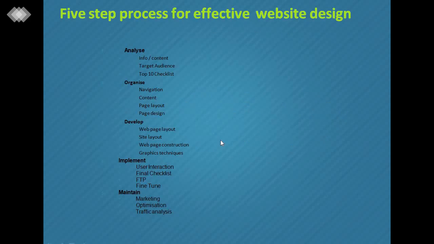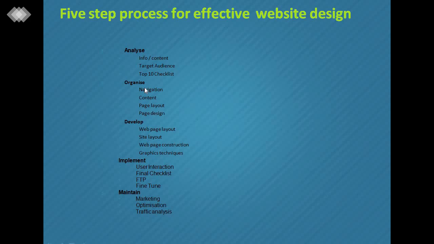Here are the 5-step processes for effective website design, and these steps are: first is analysis, second organize, third develop, fourth implement, and fifth is maintenance. In the first step, analysis, we will cover the content, target audience and top 10 checklist.